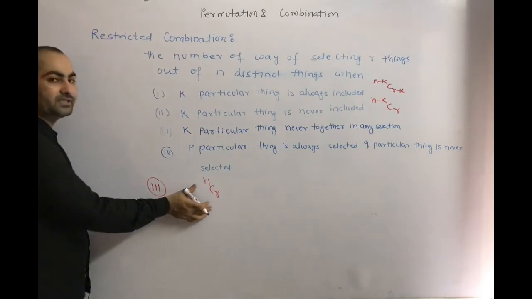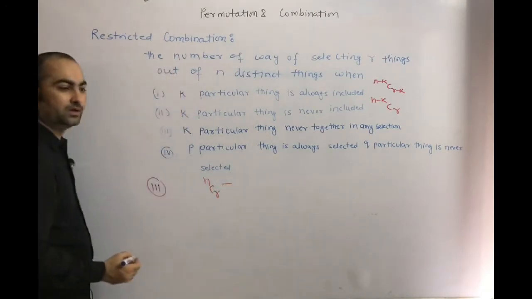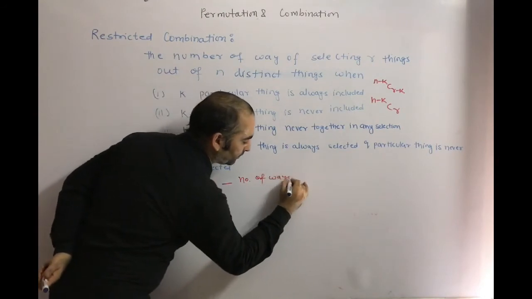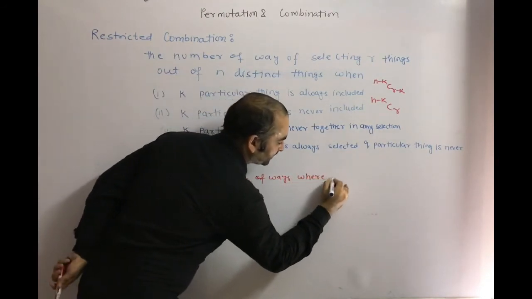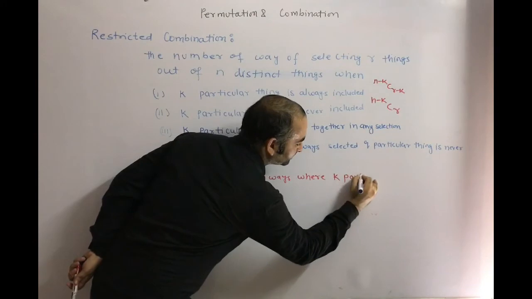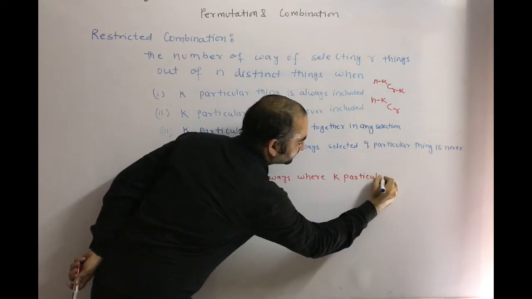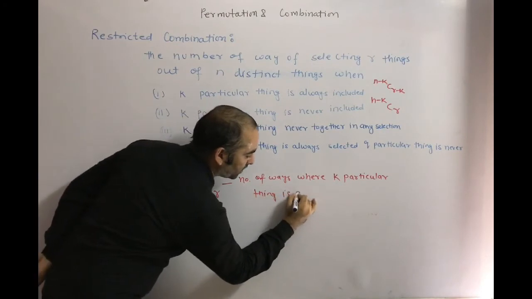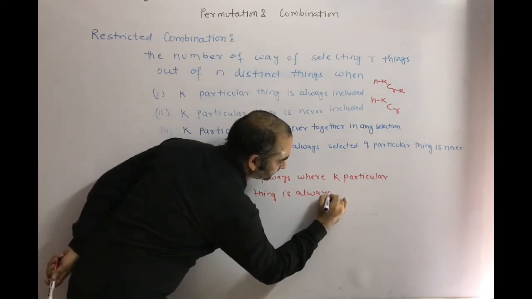From the total ways, I subtract the number of ways where k particular things are always selected.